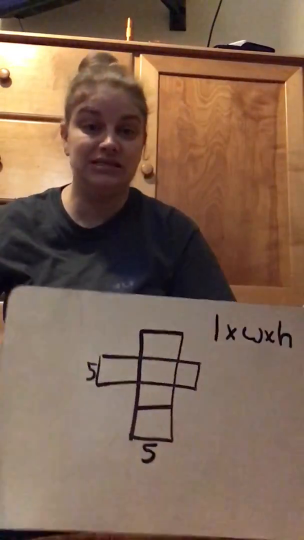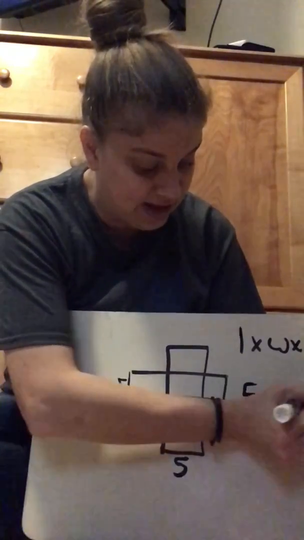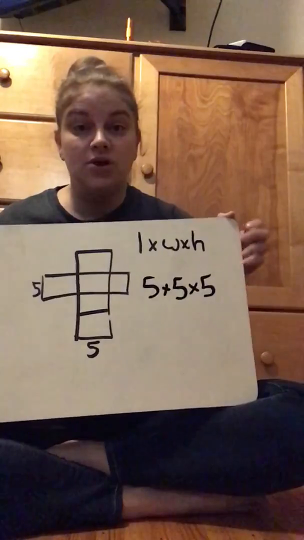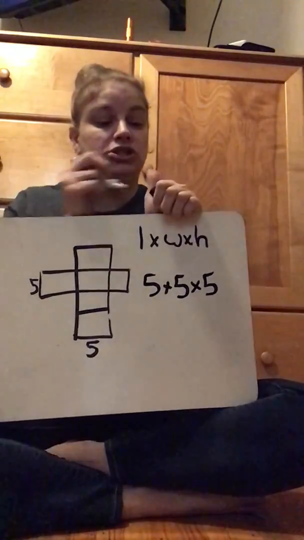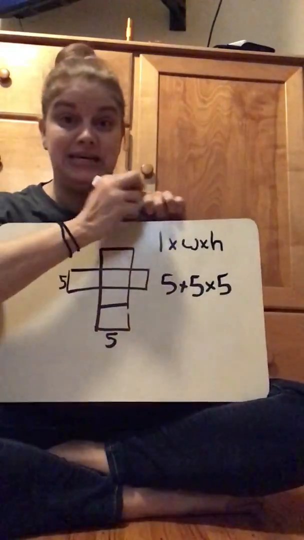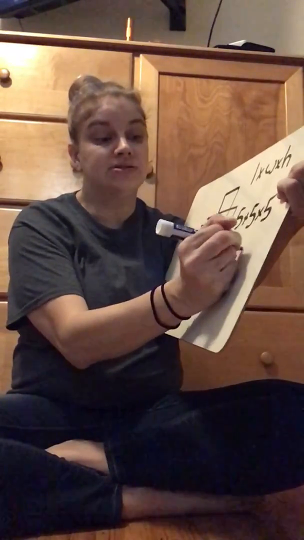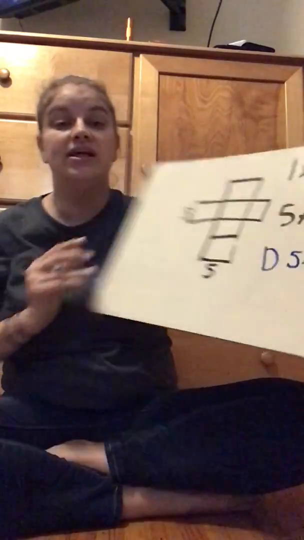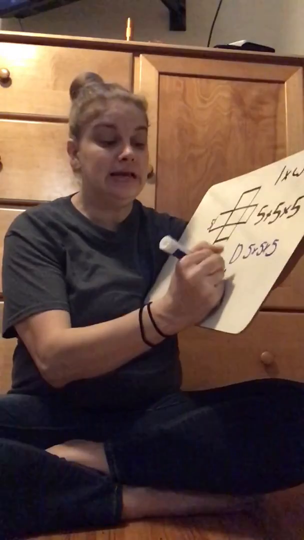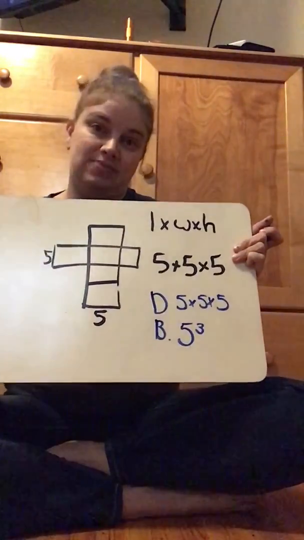So the length is 5 and the width is 5 and the height is 5. So the only two choices that give me this as an answer are choice D, because it actually lists 5 times 5 times 5, and then you could also choose choice B, which is 5 to the 3rd power, which is the same exact thing.